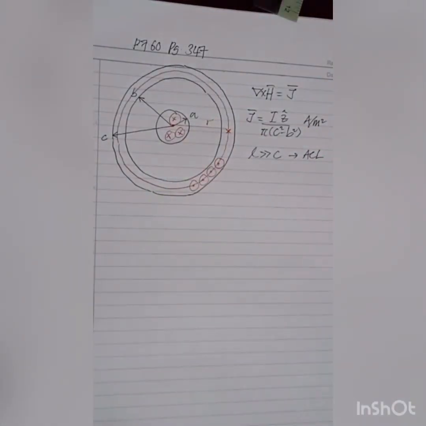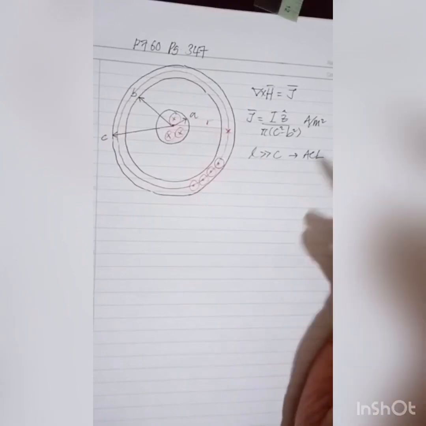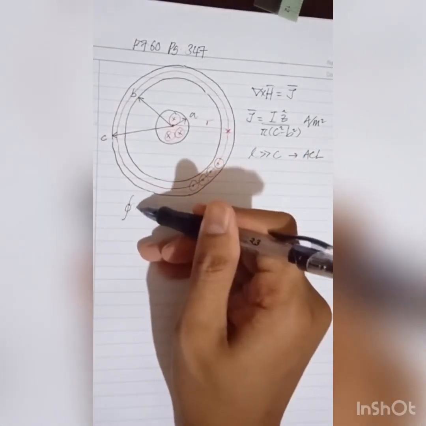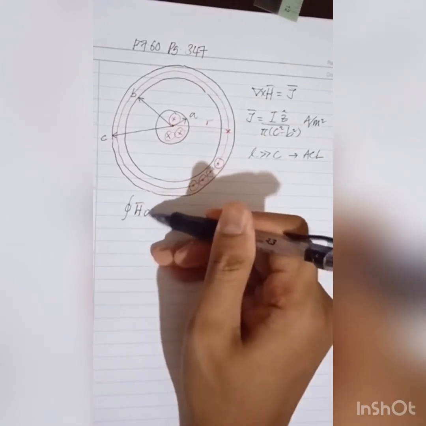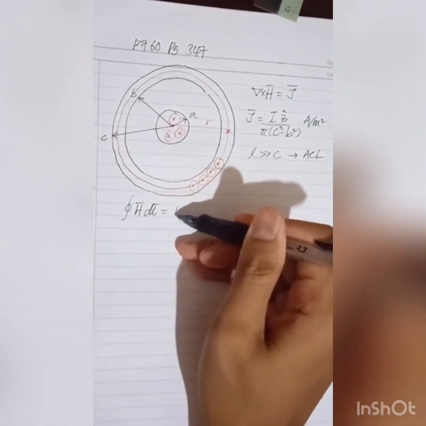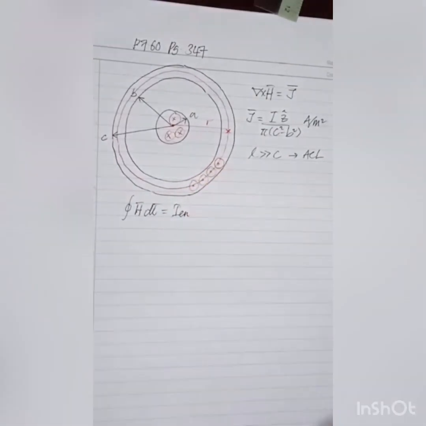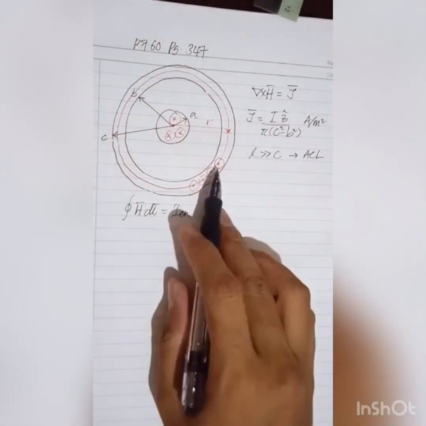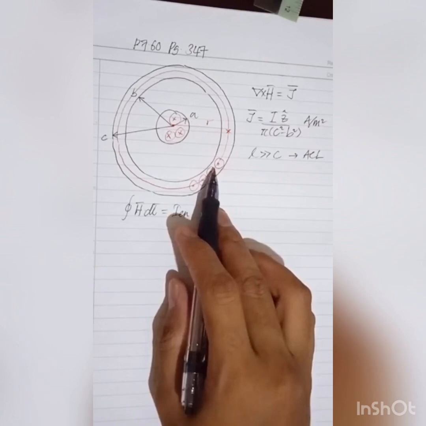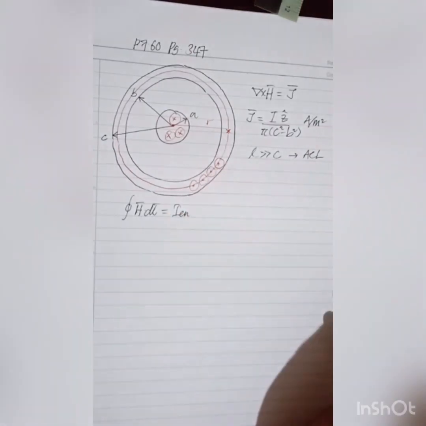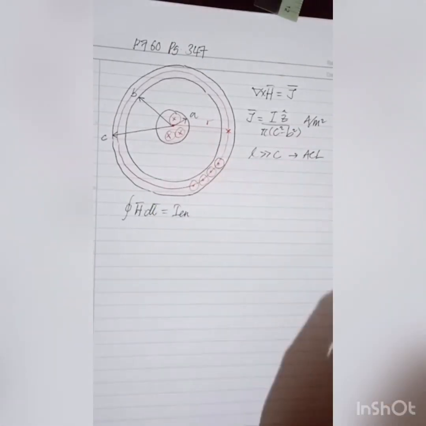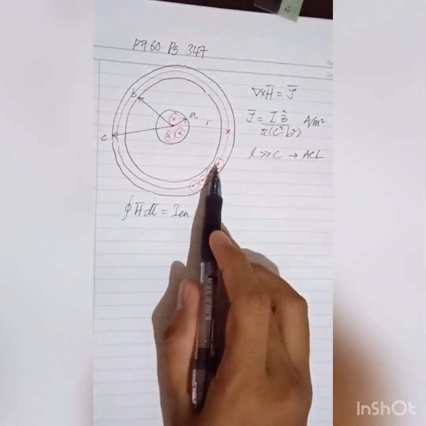Based on the ACL equation, we know that the closed integral of H dot dl is equal to I enclosed. Look carefully, guys. For I enclosed, this particular loop covers two types of current. The first comes from the inner conductor, and the other comes partially from the outer conductor.